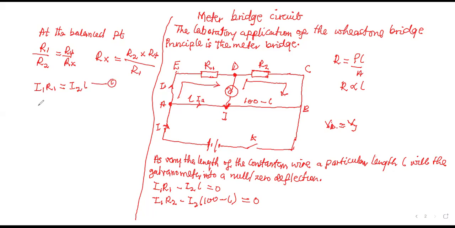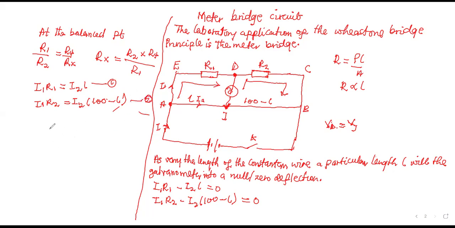Then I1 R2 is also equal to I2 times 100 minus L, and this is equation 2.